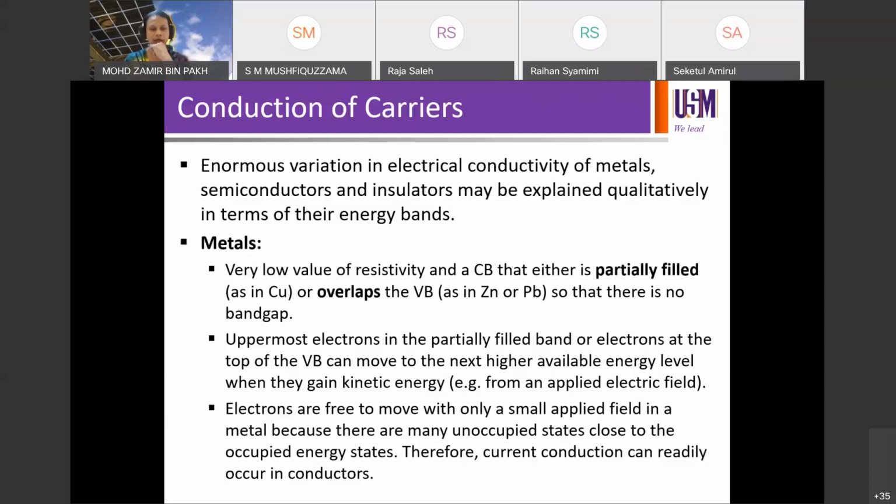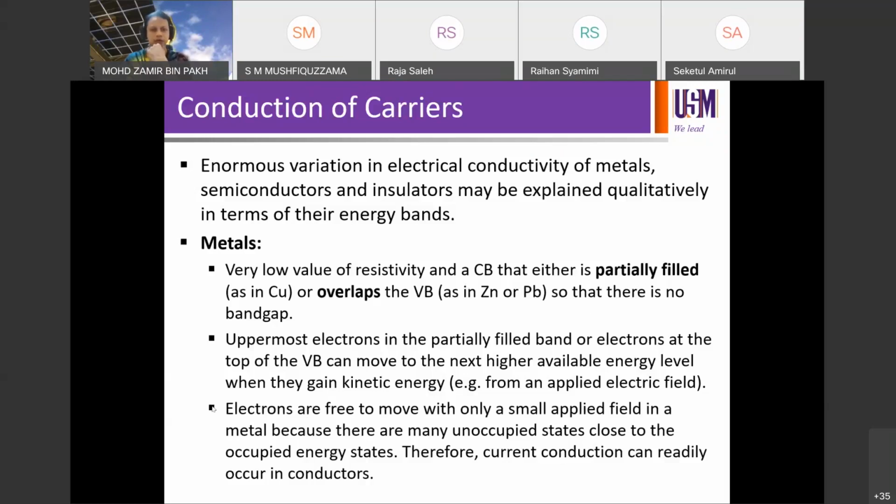And we have also seen another case where it's partially filled, as in sodium and potassium, for example, where they can also conduct because the valence band is not full, so it's not occupied. So metal in this case exhibits low resistivity or higher conductivity, as in the overlap band or partially filled band, right?